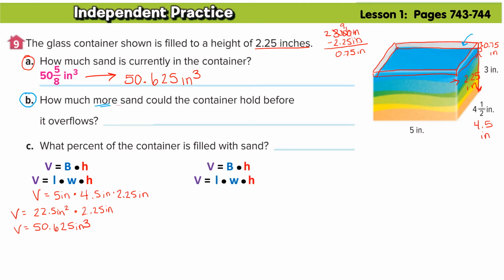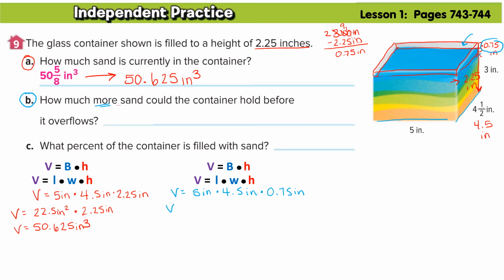So now we have the volume equals, we still have the same length and we still have the same width, okay, but it's up here. So that's still 5 inches times 4.5 inches times, but this time the height is going to be 0.75 inches.